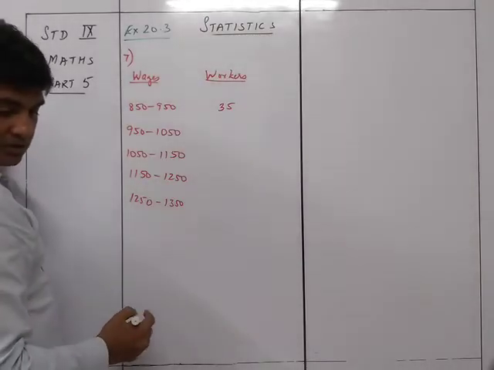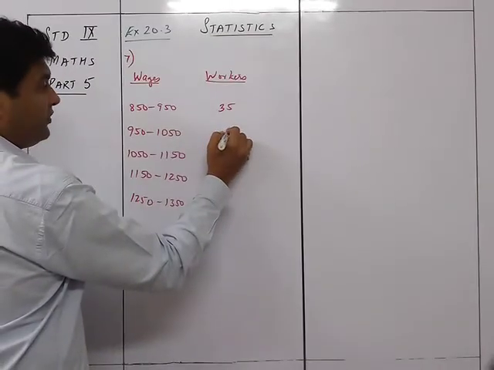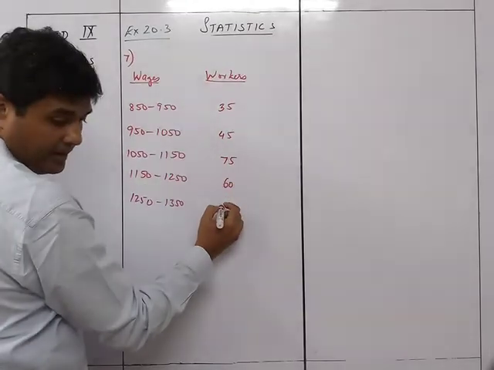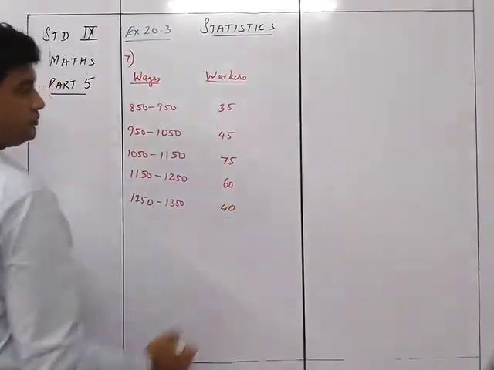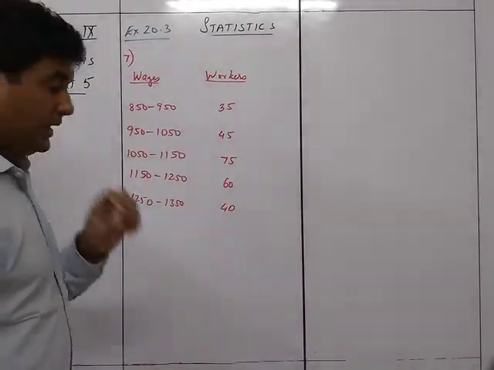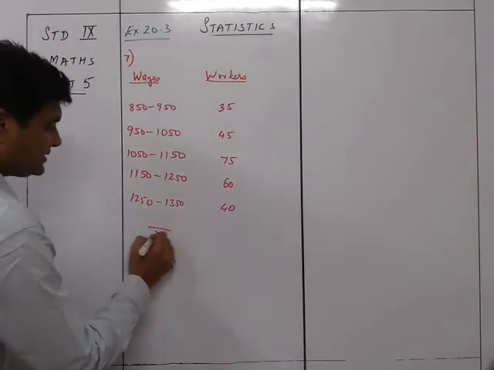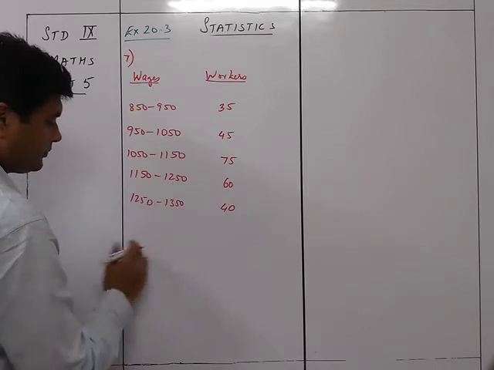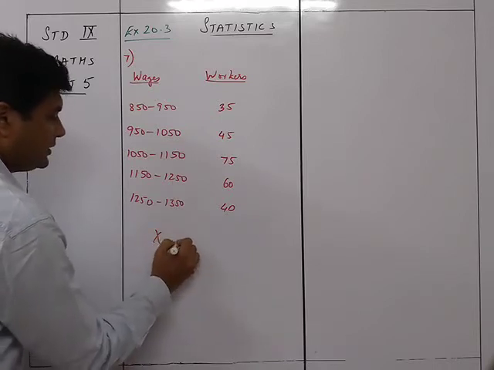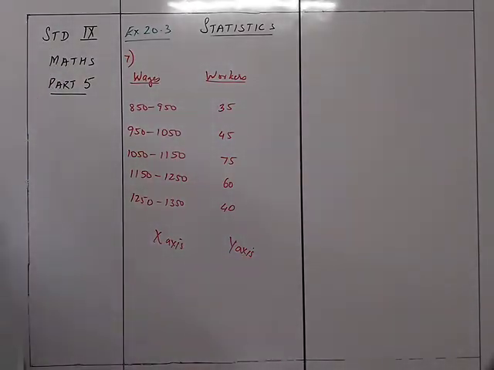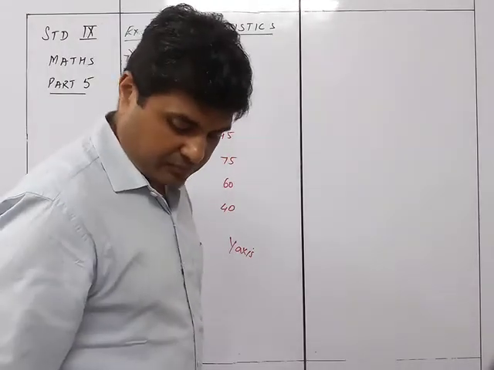So that is 35, 45, 75, 60 and 40. Now this has to be on the x-axis, and this has to be on the y-axis. Okay, so we draw the graph.